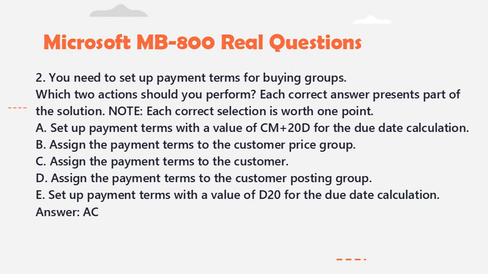B. Assign the payment terms to the customer price group. C. Assign the payment terms to the customer. D. Assign the payment terms to the customer posting group. E. Set up payment terms with a value of D20 for the due date calculation. Answer: AC.